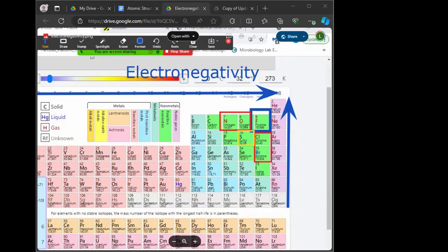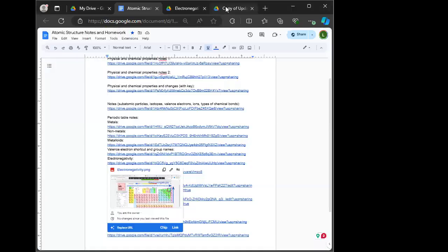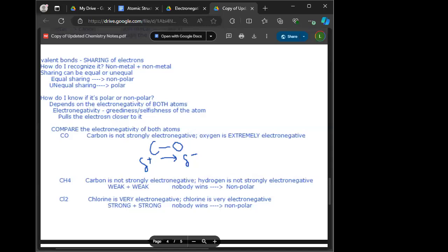Okay. So let's say that we're looking, for example, at a bond between carbon and oxygen. So carbon is not that strongly electronegative.